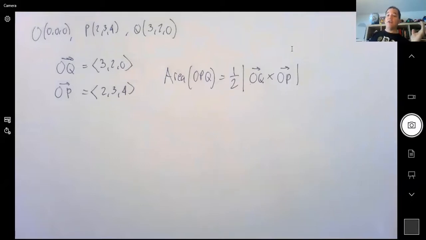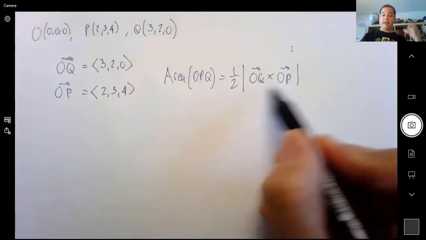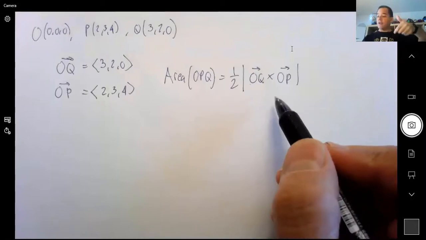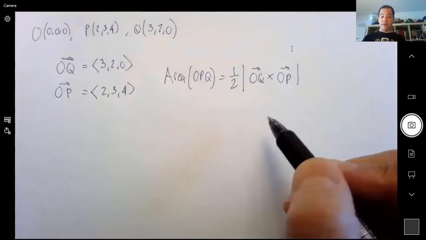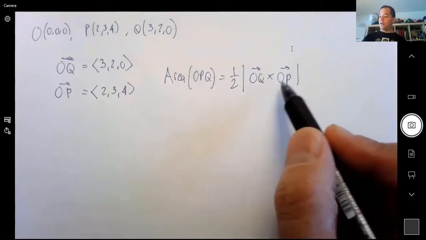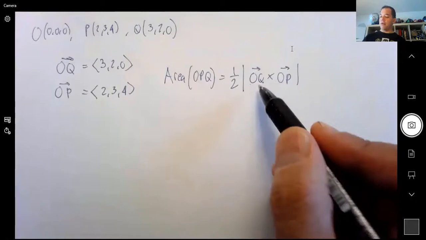And even though you don't get the same thing, when you switch them, you get the negative of the other one. And since here we have the length, one or its negative is the same, right? So it doesn't matter here for the order. If you only want to get the area, it doesn't matter. You can do OQ cross OP, or you can do OP cross OQ.